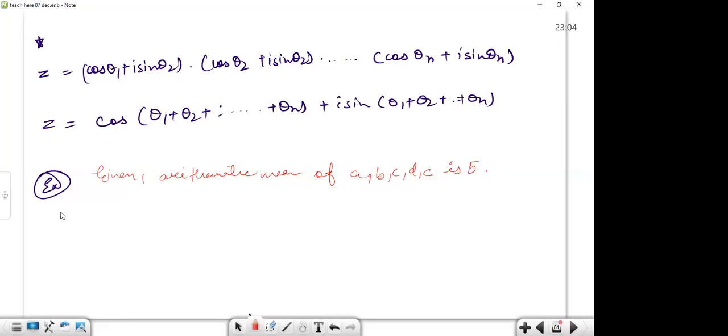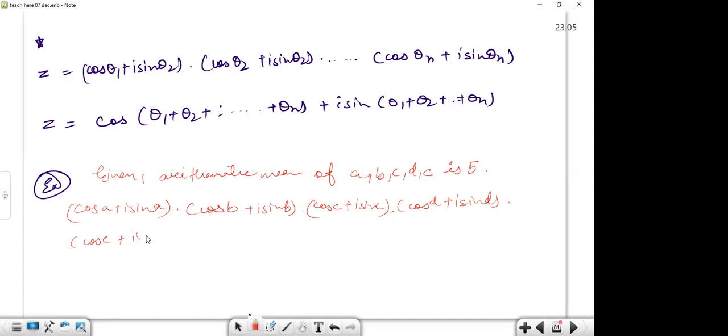Okay, and you have to find out cos A plus iota sine of A into cos of B plus iota sine of B into cos of C plus iota sine of C into cos of D plus iota sine of D into cos of E plus iota sine of E. You have to find out the value of this.